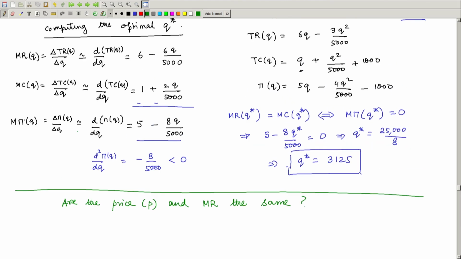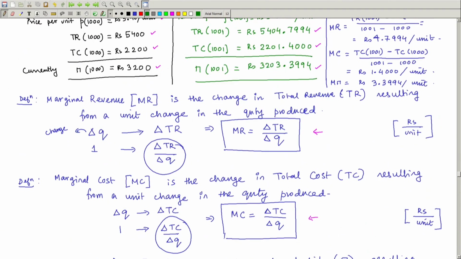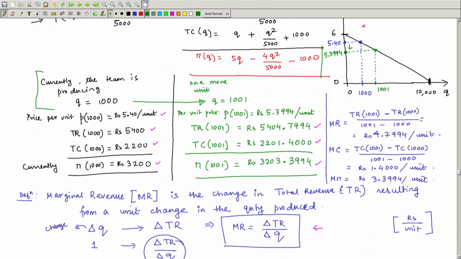So the marginal revenue when the firm increases its output from Q equal to 1000 to Q equal to 1001 is 4.7994, right.